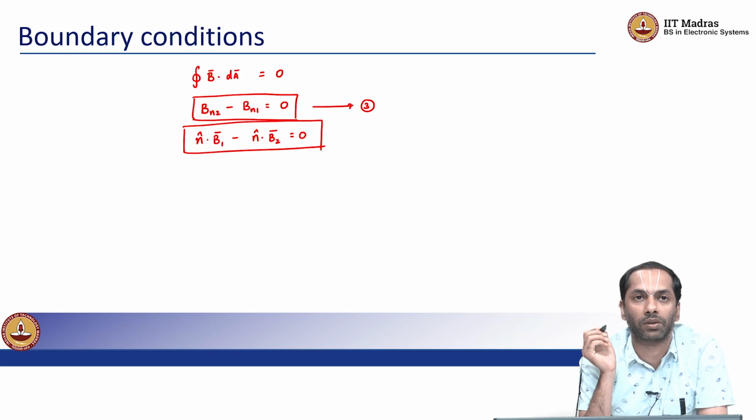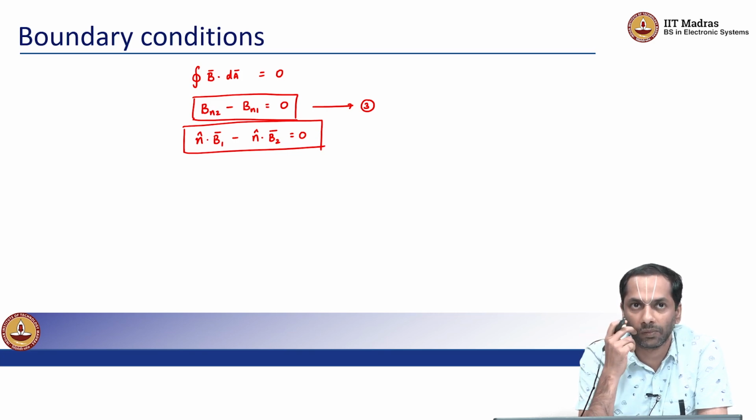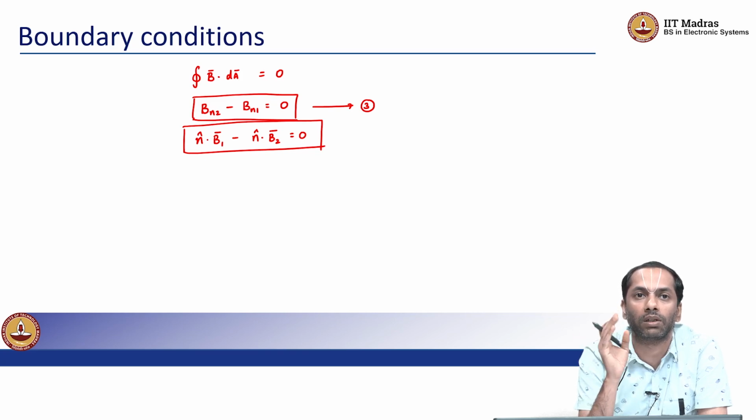Okay, so this is a simple one, right. So taking the same pillbox from the previous slide, since there are no magnetic charges, we essentially find that the normal component of the B field, which is the magnetic flux density, is continuous.